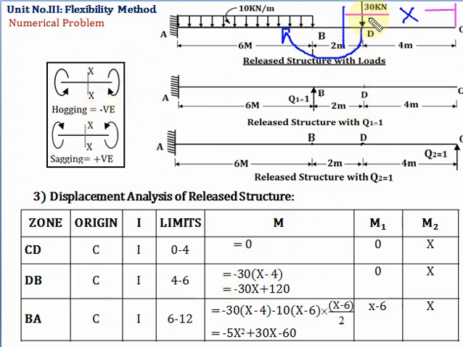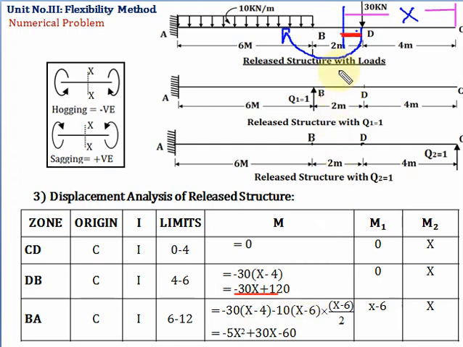So the intensity of point load is 30, and here you have to find out this distance. So this distance is equal to X minus 4. So the bending moment due to 30 kilonewton will be minus 30 into x minus 4. If you solve this, we'll get minus 30x plus 120.